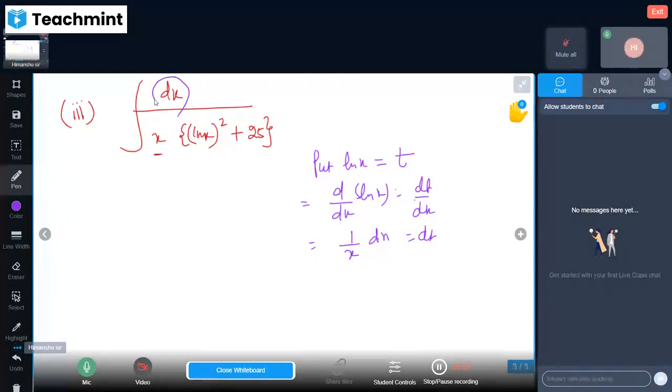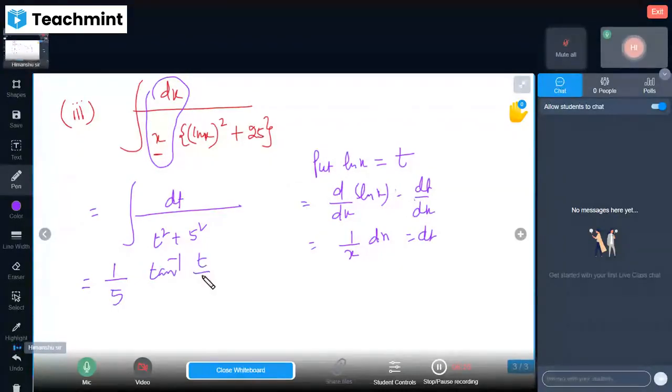So dx by x can be converted to dt, and the rest is t square plus 5 square. Now it can be converted to the formula. So 1 by a means 1 by 5 tan inverse t by 5. So now back to the original form, t is ln x, so ln x upon 5 plus c. Right, this is your answer.